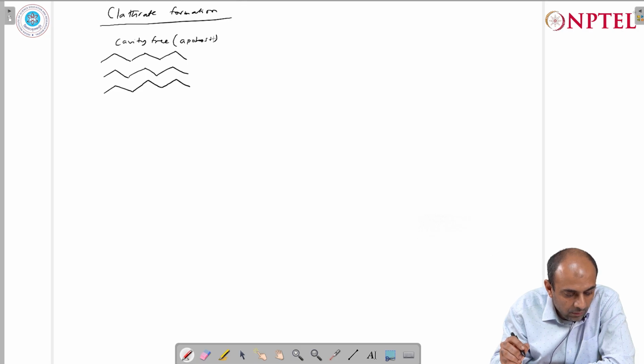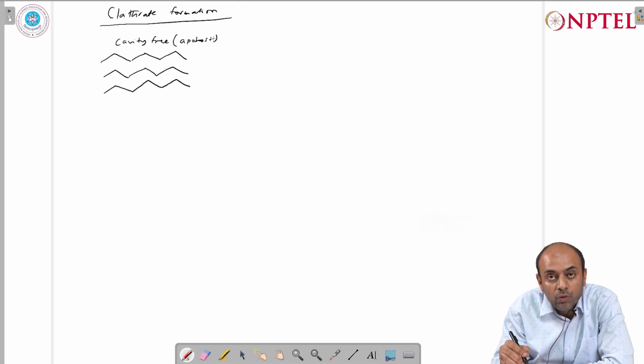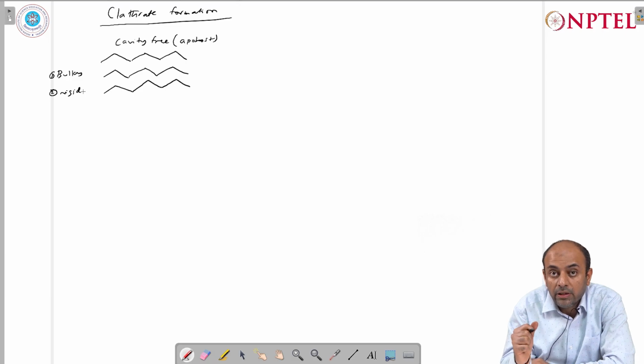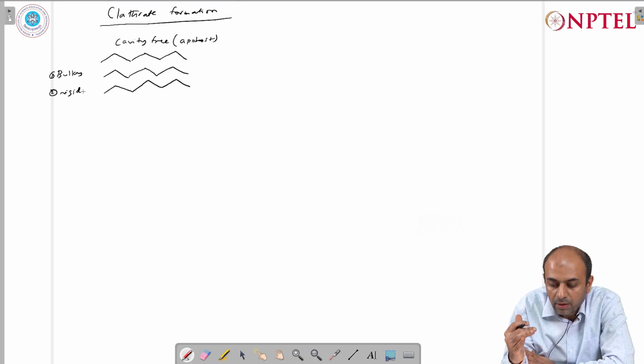And normally this apohost is bulky, number one. It is a rigid structure. It is a very strong structure. You cannot disrupt the crystalline lattice easily. So it is bulky and rigid.